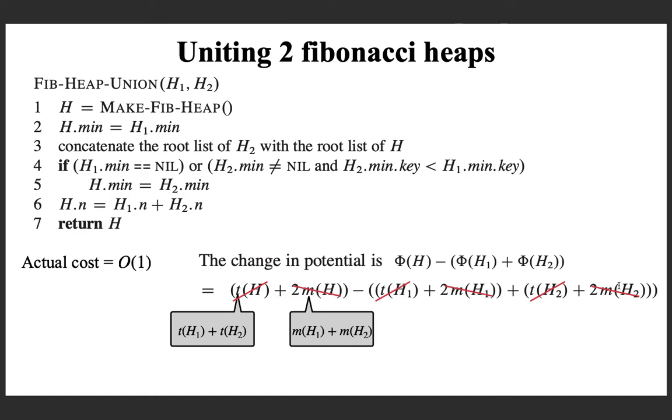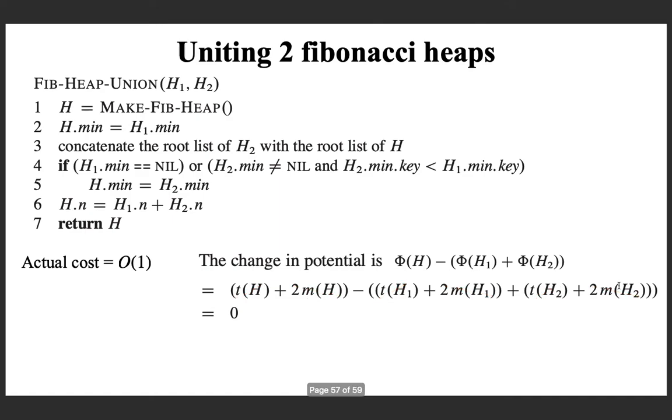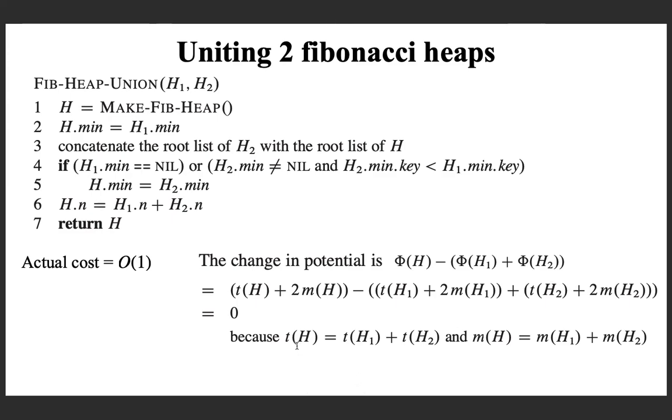So, I hope you are getting it, otherwise please verify it. We did it because T of H is nothing but T of H1 plus T of H2, and M of H is nothing but M of H1 plus M of H2. And if you substitute these values for T of H and M of H here and here and expand, you can easily see that 0 is the potential difference, and hence the amortized cost is order of 1.